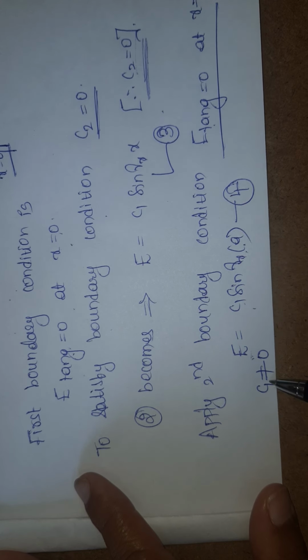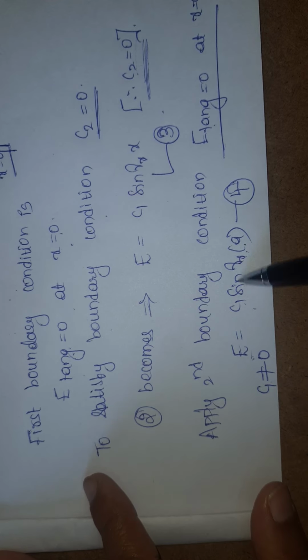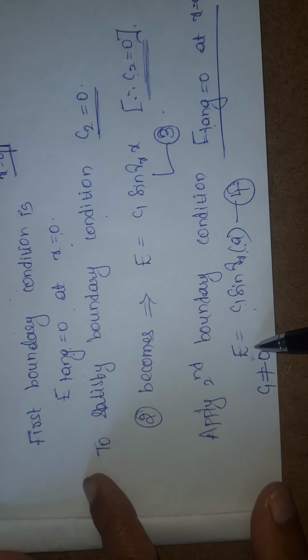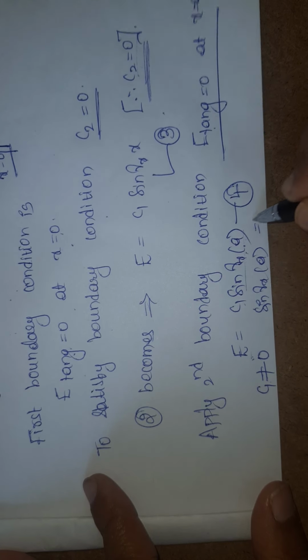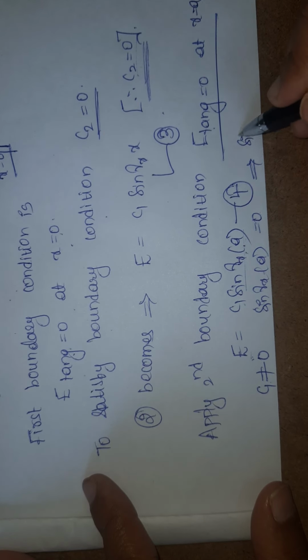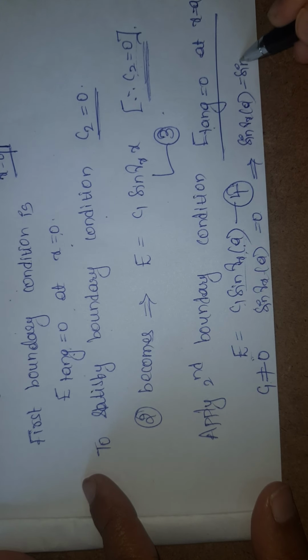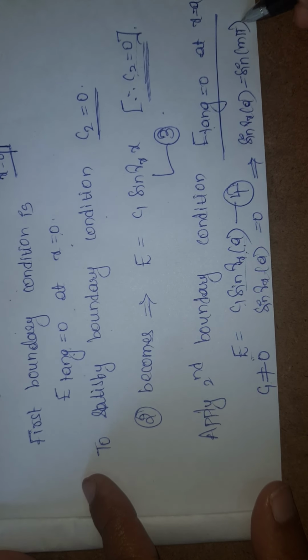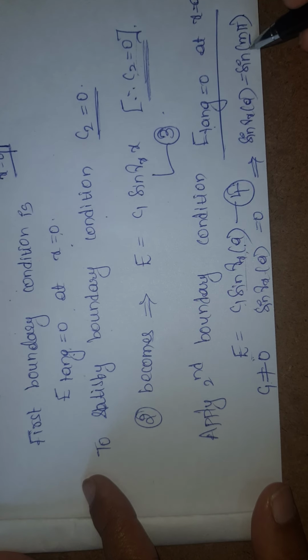So C1 should not be equal to 0. And which term should be equal to 0? This sin gamma x of a should be equal to 0. If this is equal to 0, then it is sin m pi; for integer values of m, this is equal to 0.